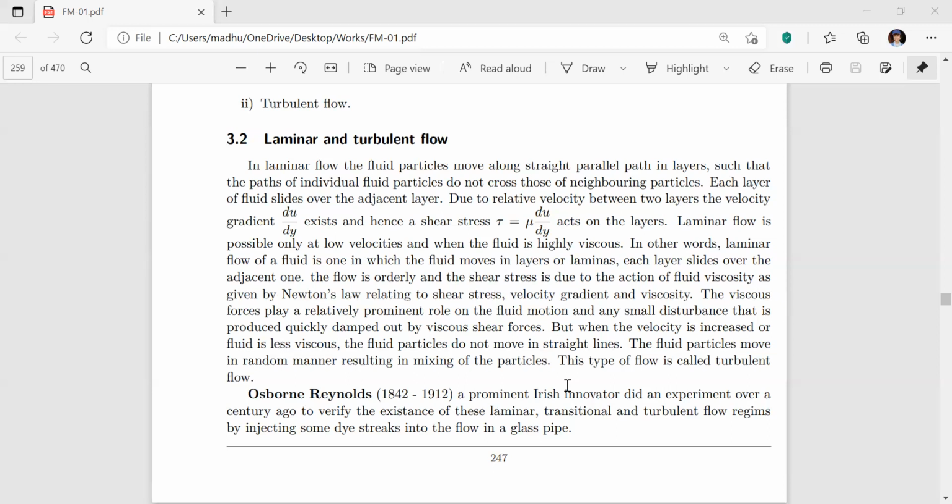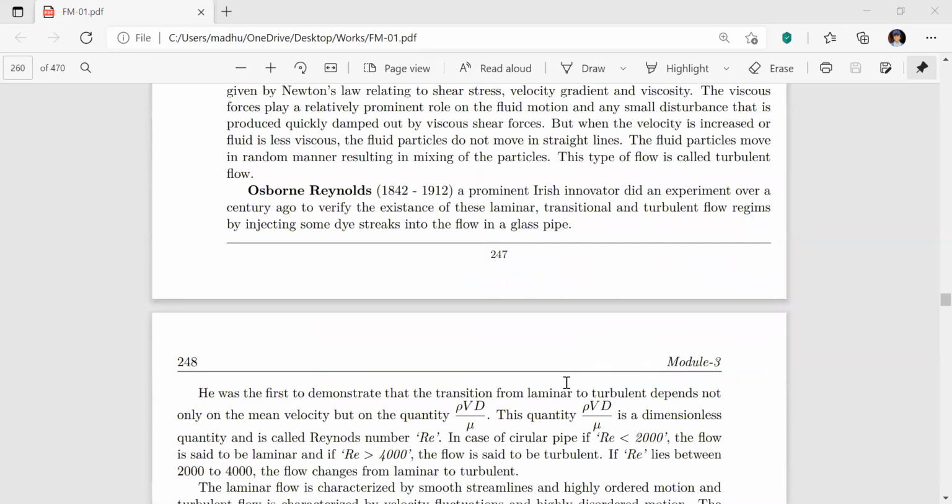Now there was one scientist, Osborne Reynolds, in the period of 1842 to 1912. He is a prominent Irish innovator who did an experiment over a century ago to verify the existence of laminar, transitional, and turbulent flow regimes by injecting some dye streaks into the flow in a glass pipe.